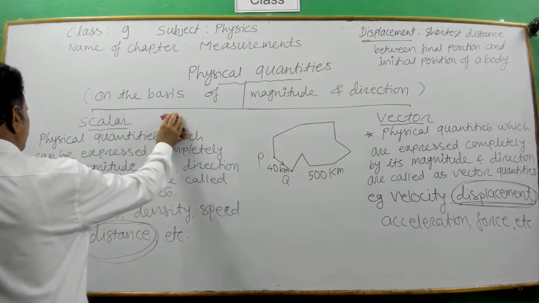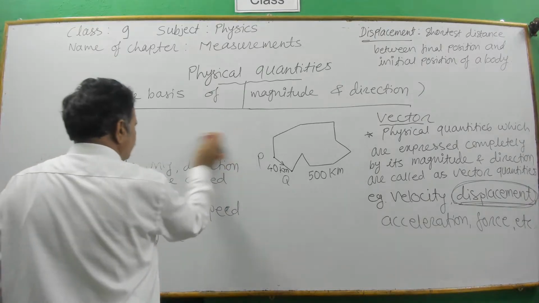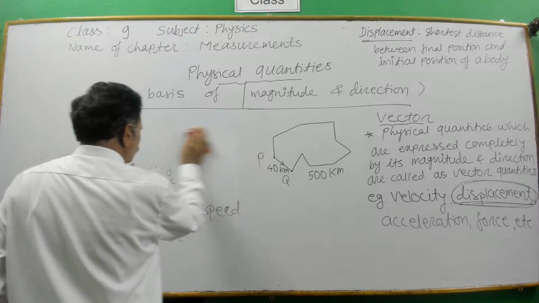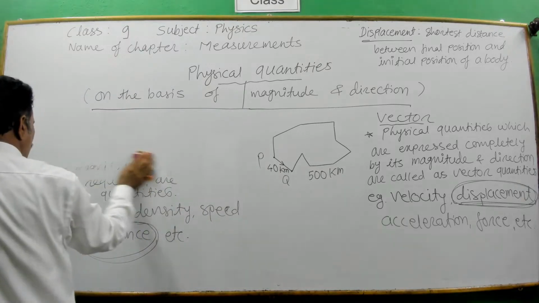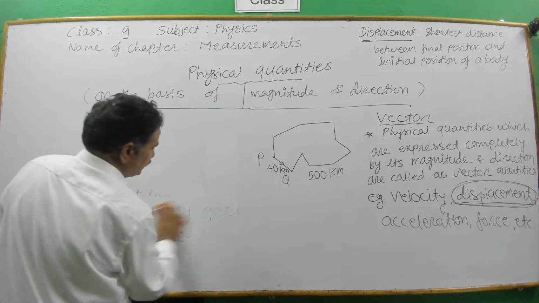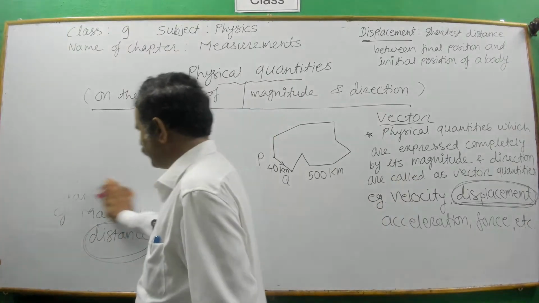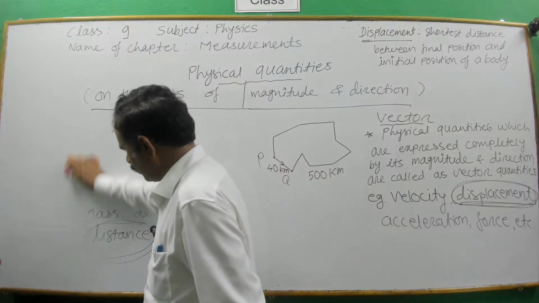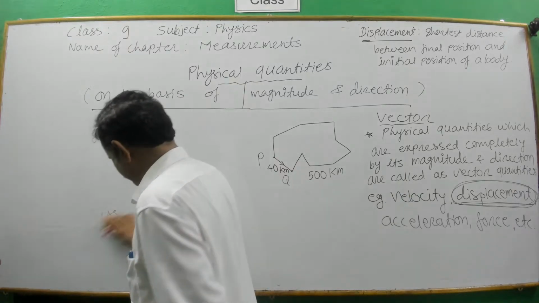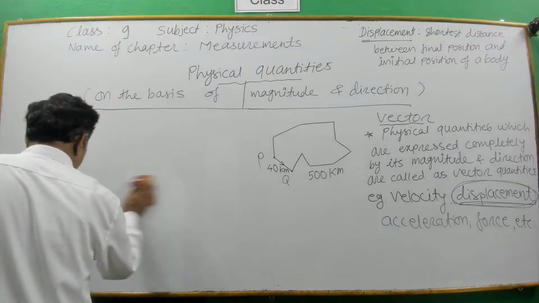Next, physical quantities are also classified into two types. On what basis? On the basis of whether those physical quantities depend on other physical quantities to obtain their value or not. देखिए बच्चों, हमें किसी physical quantity को obtain करना है.